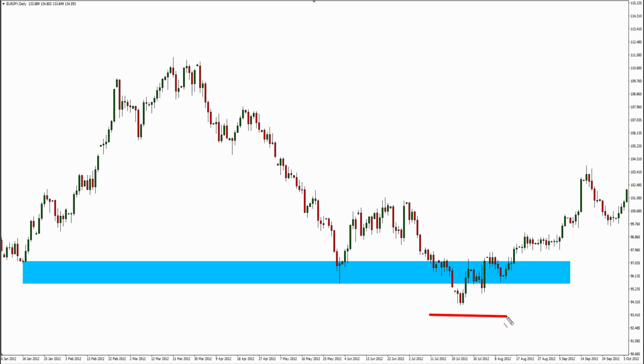Now what's happened is we've had this move, and this swing is now a fairly obvious place for people who maybe weren't involved in that move, or maybe got stopped out of that move and are looking to get involved now. They're going to place their stops below that structure, because they're probably not going to be able to take this much risk on board, and people don't like doing that.